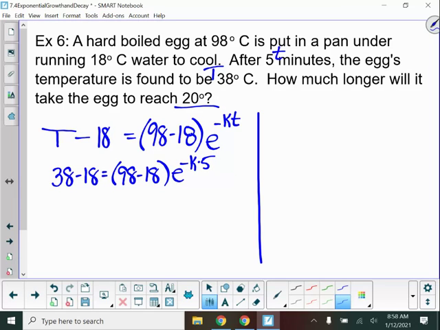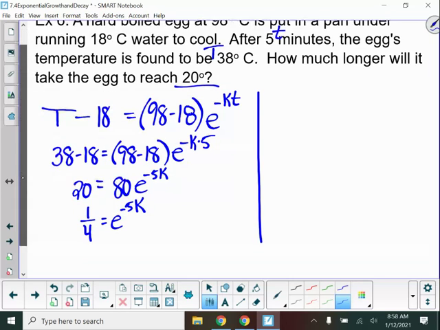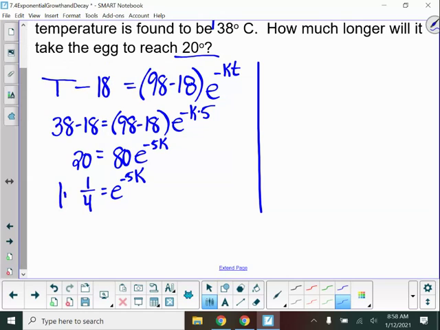So 38 minus 18 is going to give me 20. 98 minus 18 is 80, and I'm going to make that e to the negative 5k. I would divide by 80. So I get 1/4 is equal to e to the negative 5k. We are going to solve by taking the natural log.